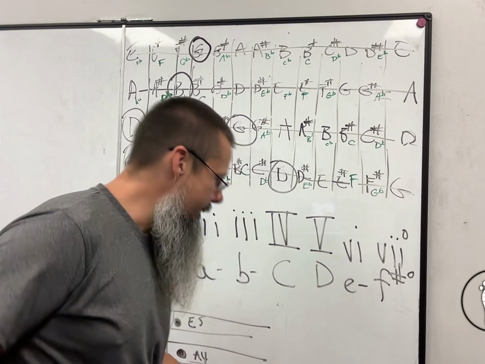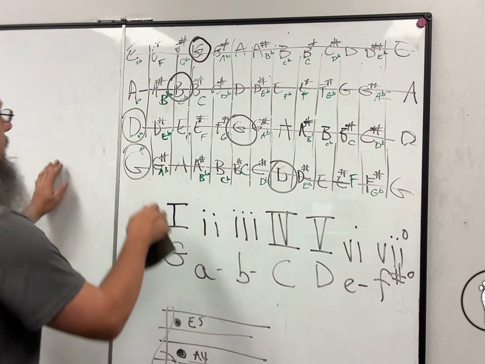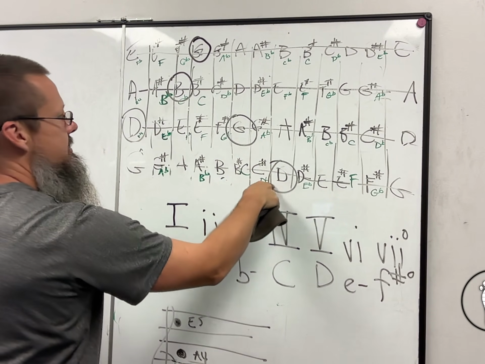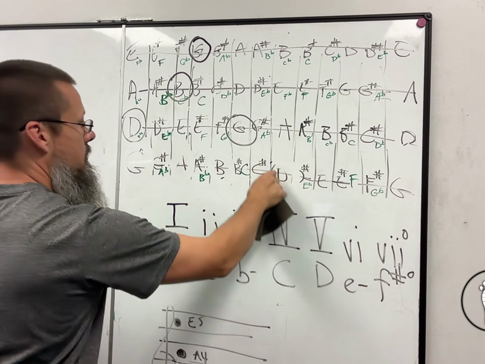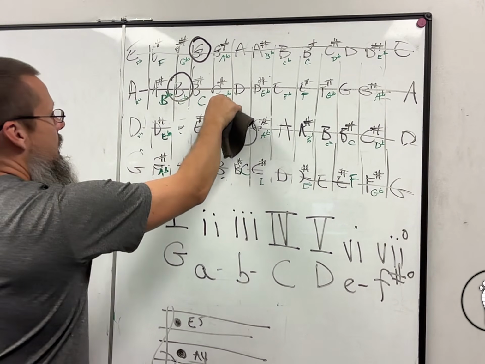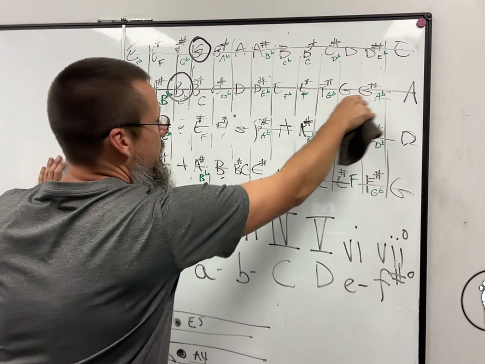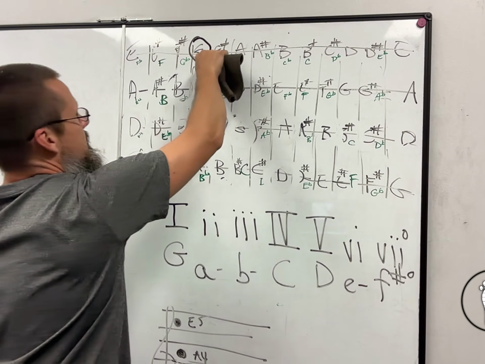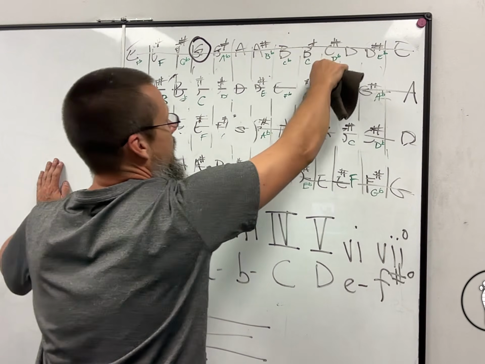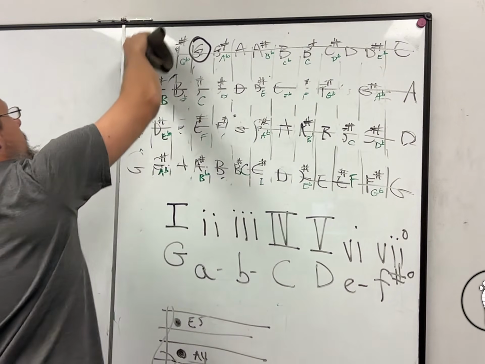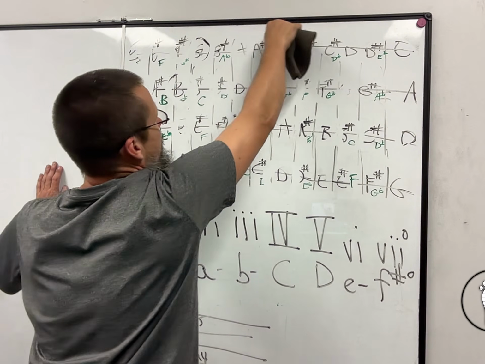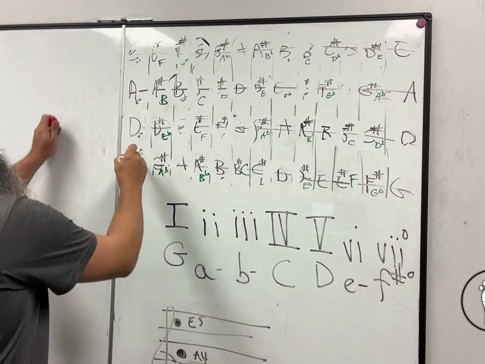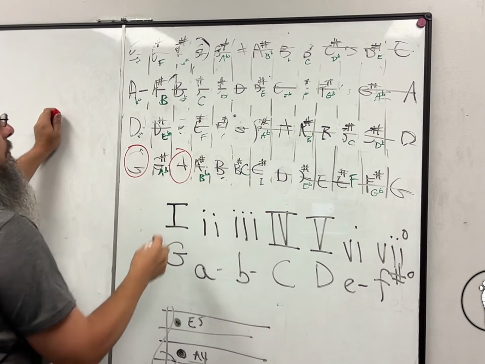The reason why we have the ability to see a major scale is we have the G, A, B, C, D, E, F sharp, G, A, B, C, D, E. When I play a whole step from G to A, you get a major second.